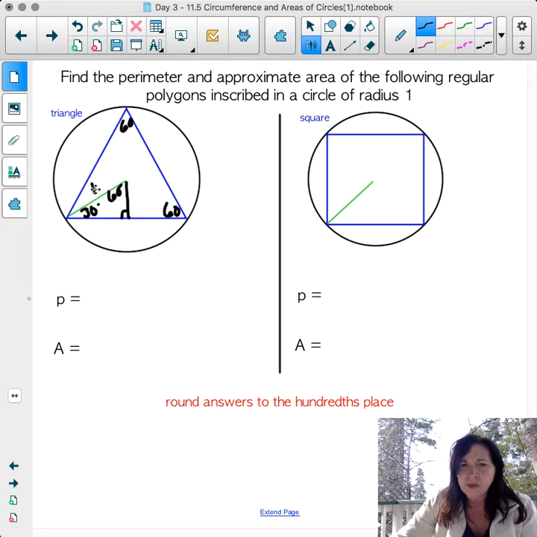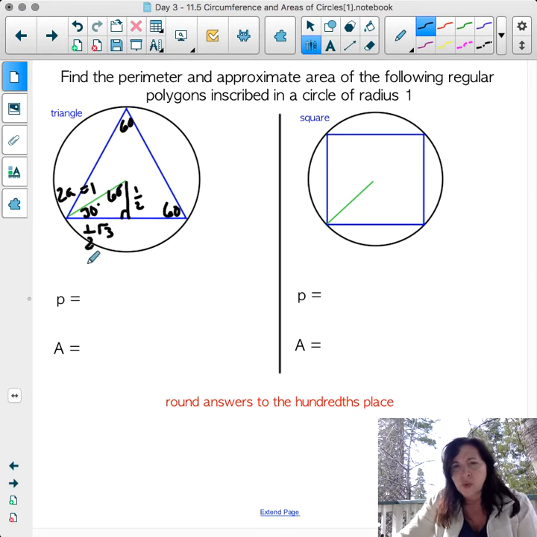I know that across from the 90 is 2a. So that means that a, being my apothem and my value across from my 30 degrees, is 1/2. Across from the 60 degrees is going to be 1/2 root 3. So in order to find my perimeter, I need the length of one side.